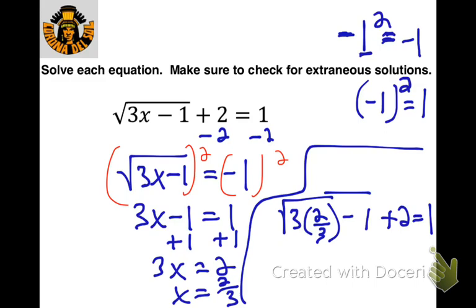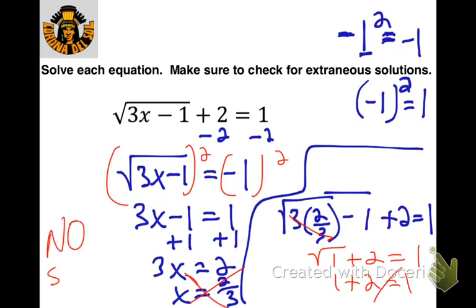What happens here is the 3's cancel out, and then that's 2 minus 1 under the radical, which is really just the square root of 1, plus 2. So that's 1 plus 2 equals 1. Nope, does not work. That's 3 equals 1, which is not true. So no good on this. This has no solution.